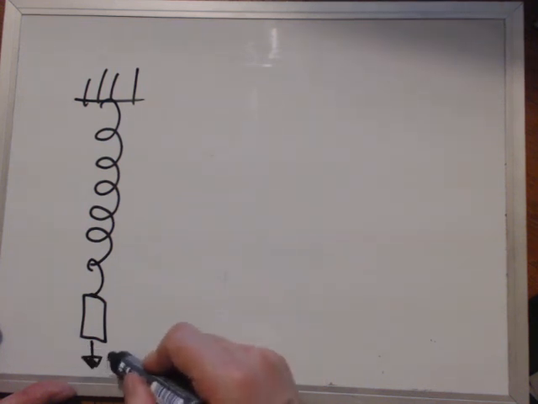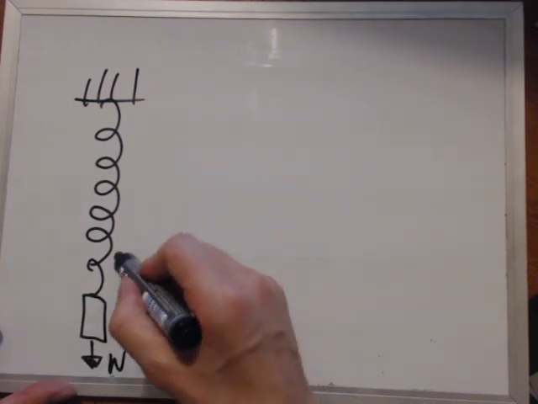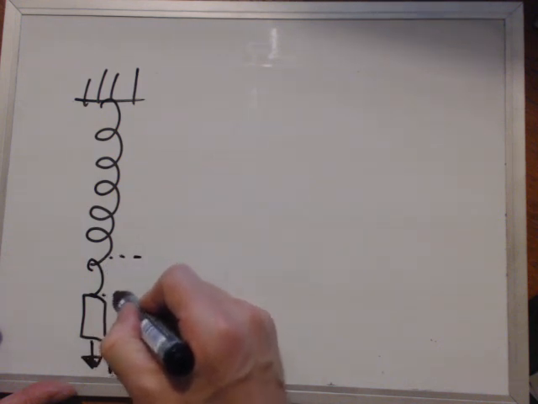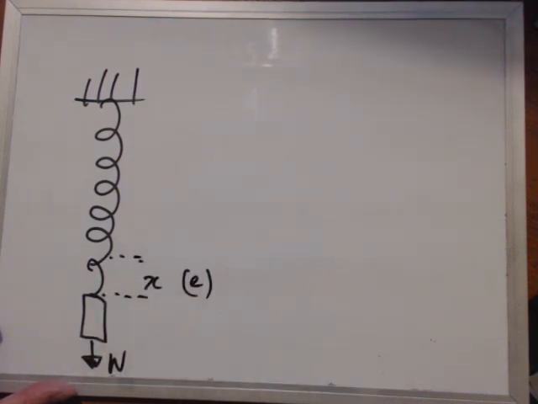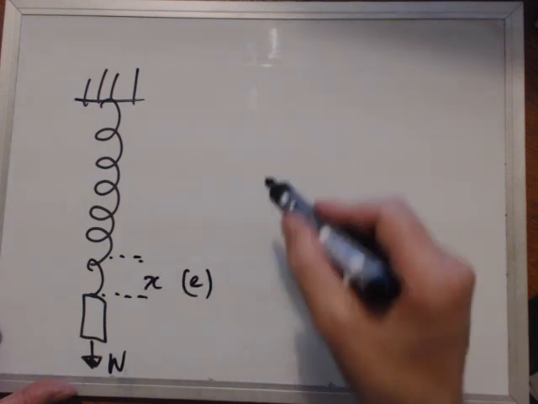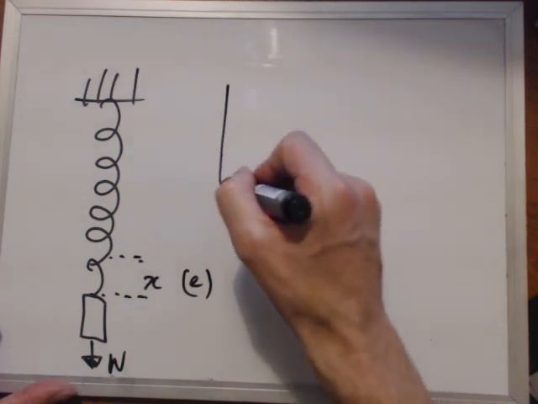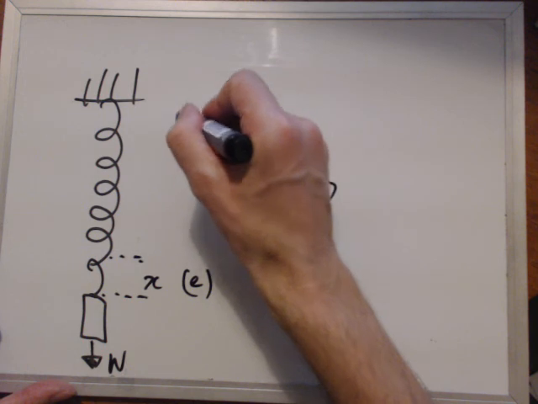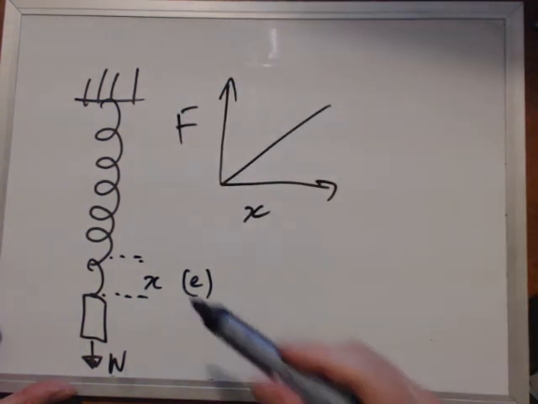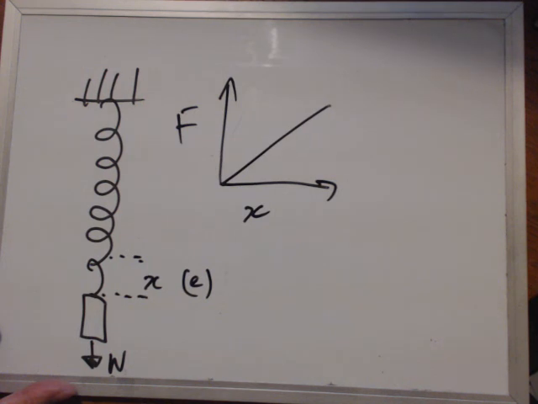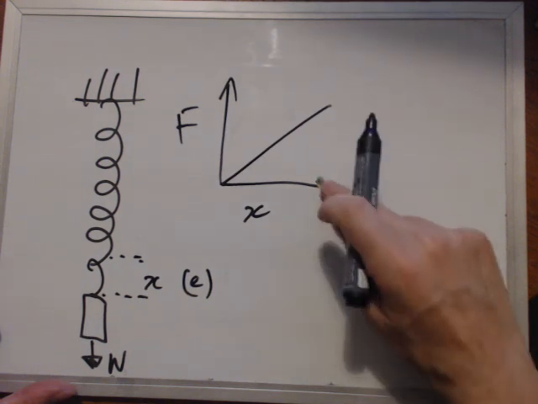Let's call that the weight. And perhaps this is how much it has extended, X, or extension E. Now, as before, plotting force against extension, you get a straight line. So when the load is removed, the spring goes back to its original size.